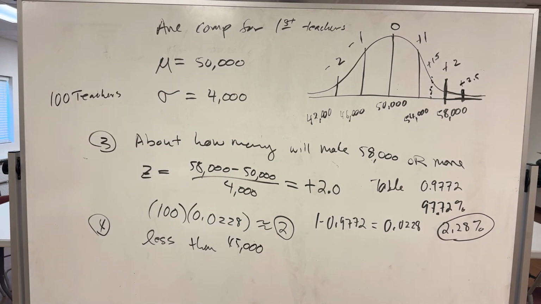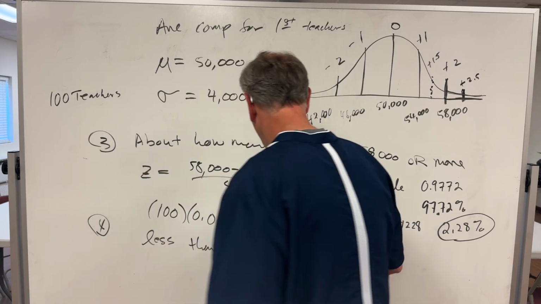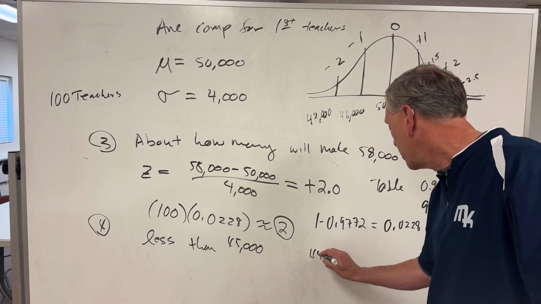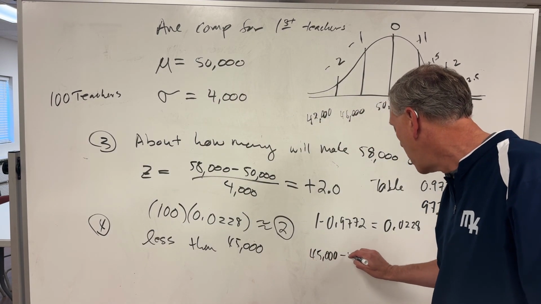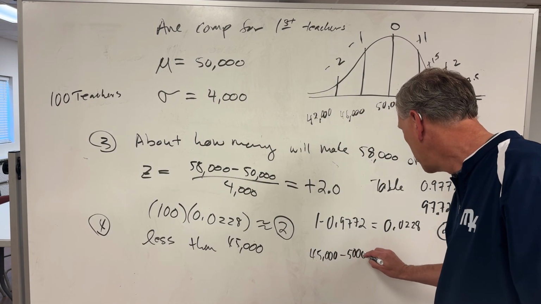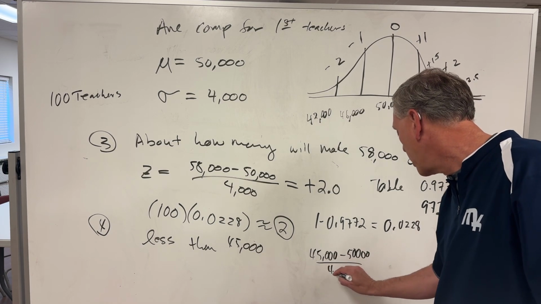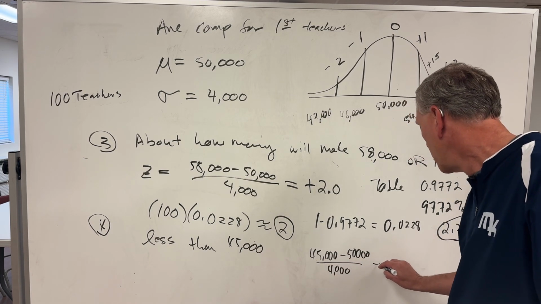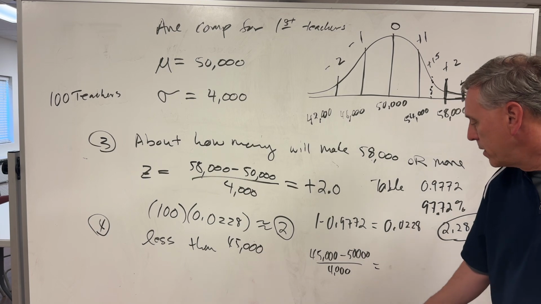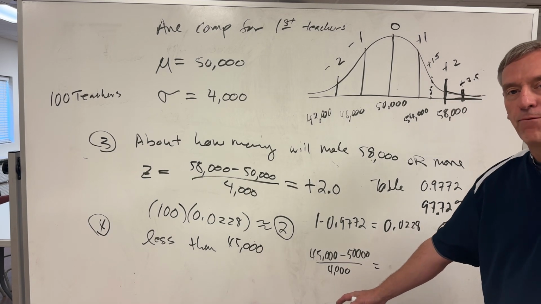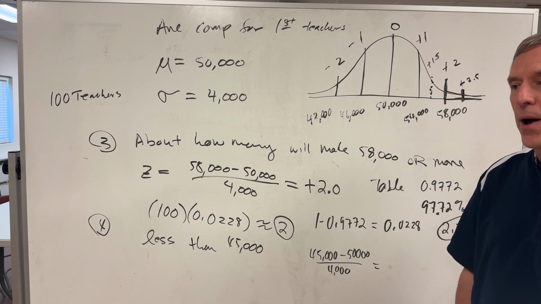So what we want to do with this part is calculate the z-factor. So this is 45,000 minus 50,000 divided by 4,000. And if you do that, you're going to get 5 divided by 4.